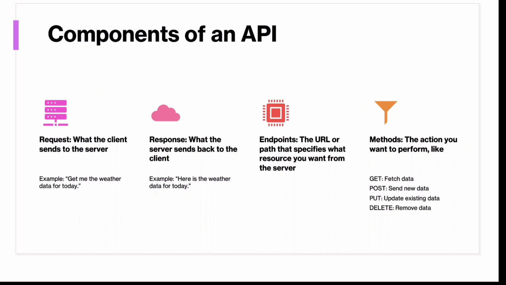And there is the endpoint. An endpoint is nothing but a defined path through which your request or response will travel. The endpoint is defined as a URL, a specific address, through which we define where we need to send our request and where we will get our response. So that is called the endpoint.